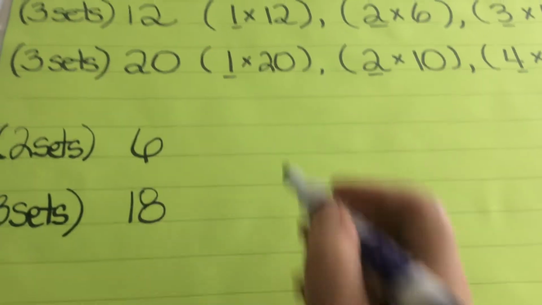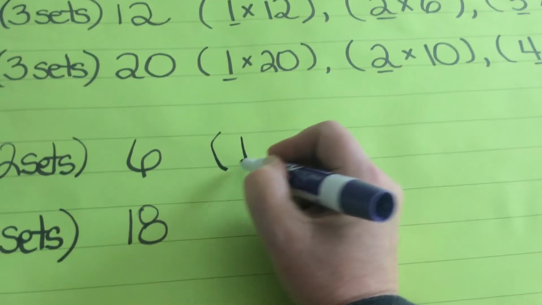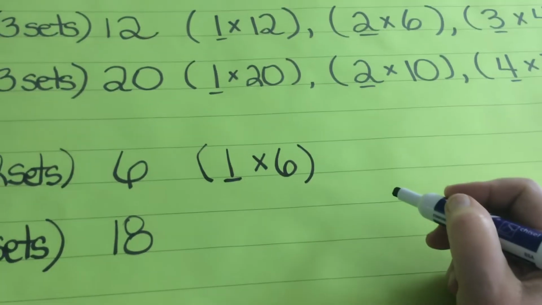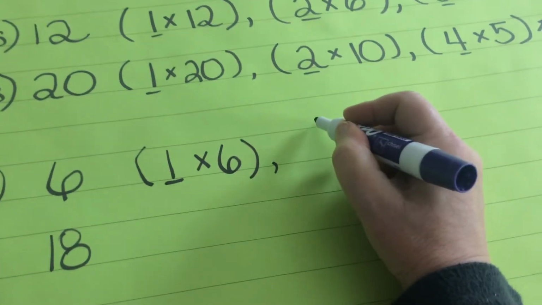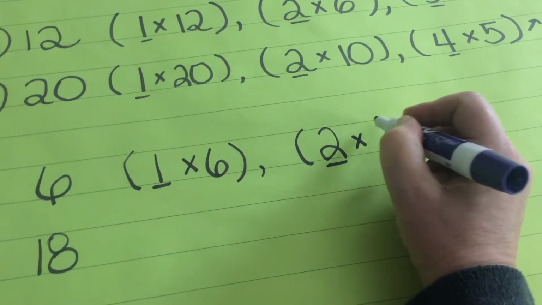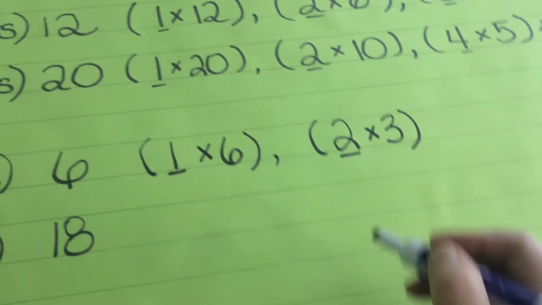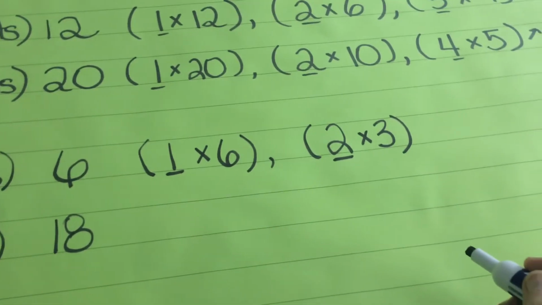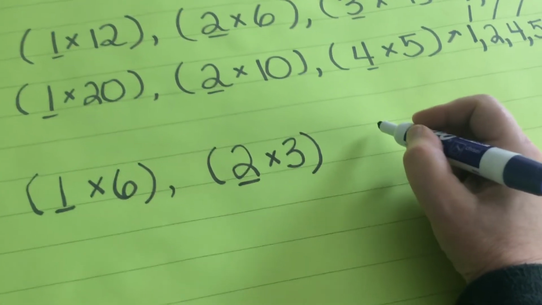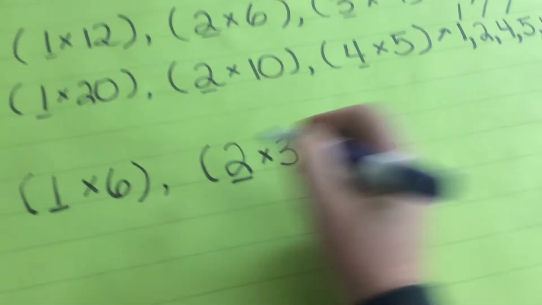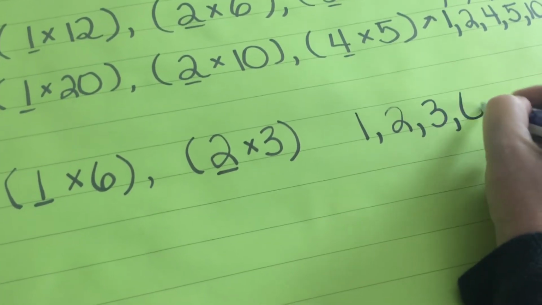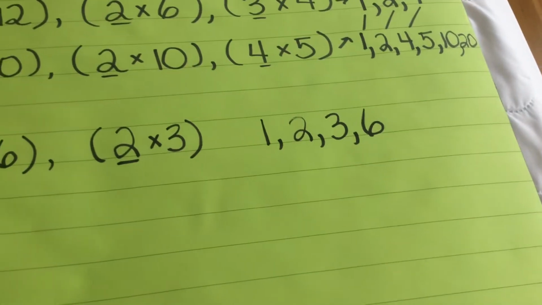We know that 1 times 6, and we should have the next one, 2 times 3. Right there. And then on the factors, we're listing all the factors: 1, 2, 3, and 6.